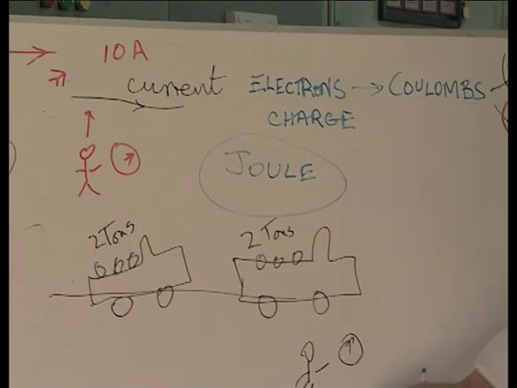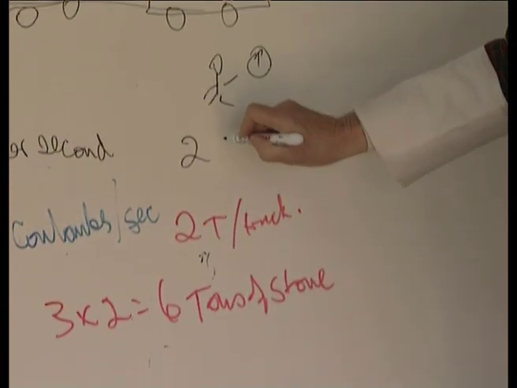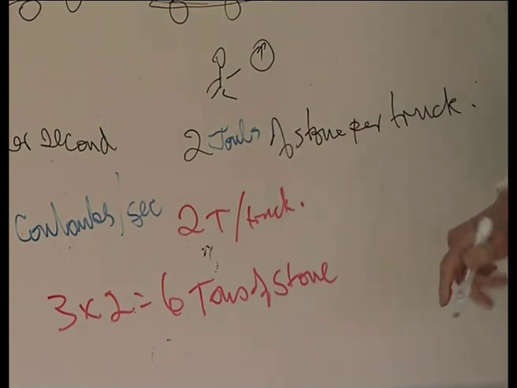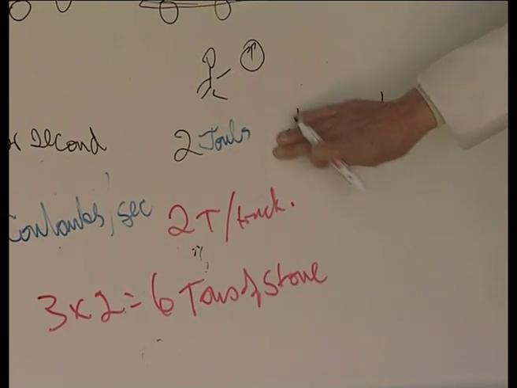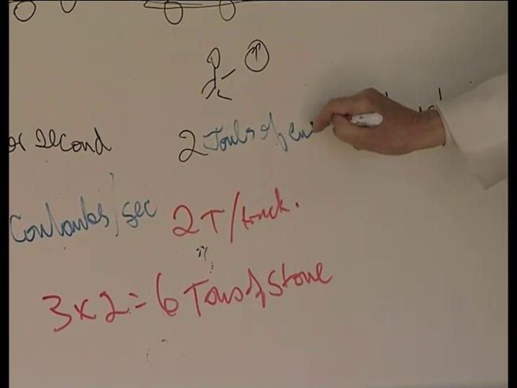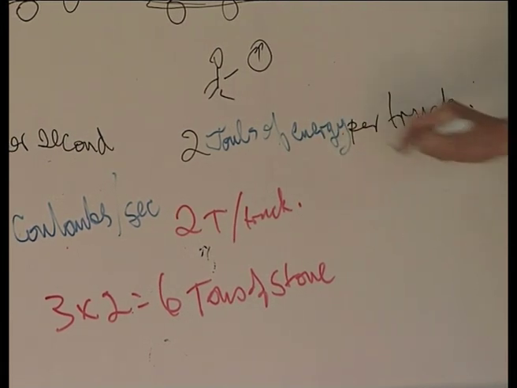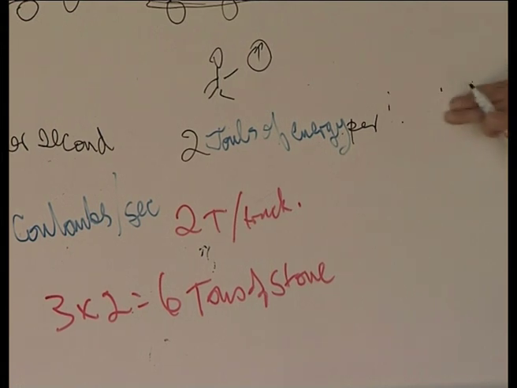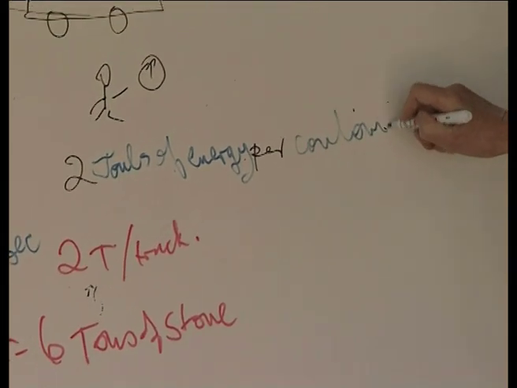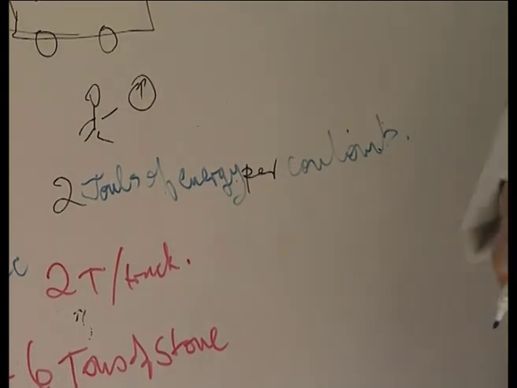So instead of tons, let's say joules of energy. And instead of stones, it's energy. And instead of per truck, it's per coulomb.